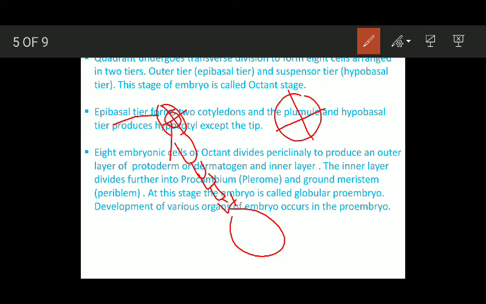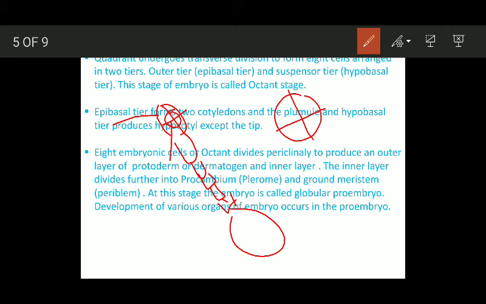The inner layer of cells, they divide further into procambium, which is also known as plerome, and ground meristem, which is also known as periblem. याद रखना, this is very much important. The 8 embryonic cells or octant, they divide periclinally, producing an outer layer of protoderm or dermatogen and an inner layer.